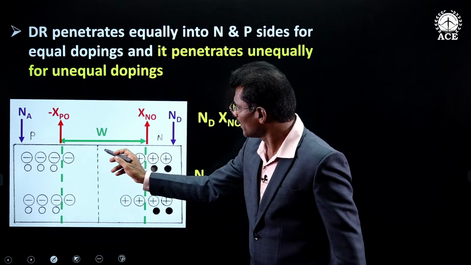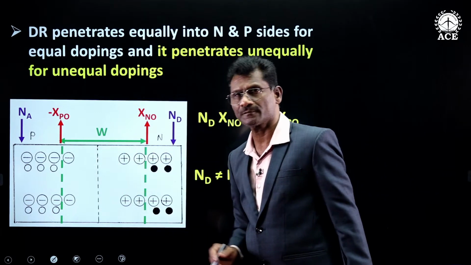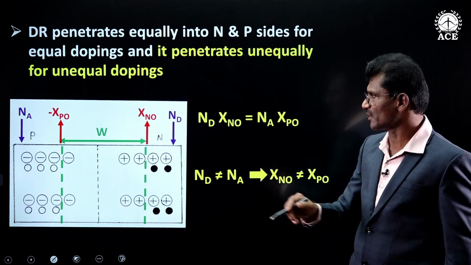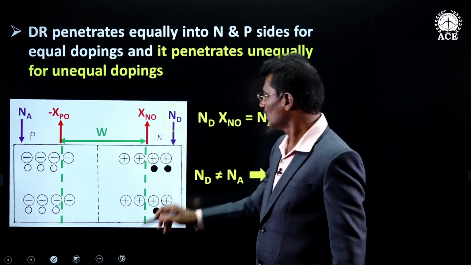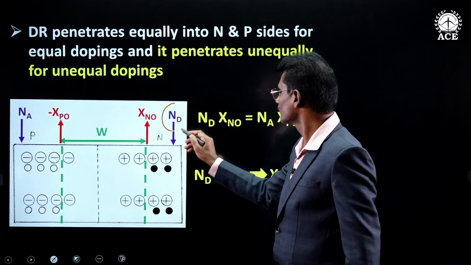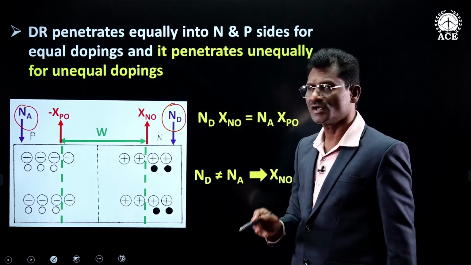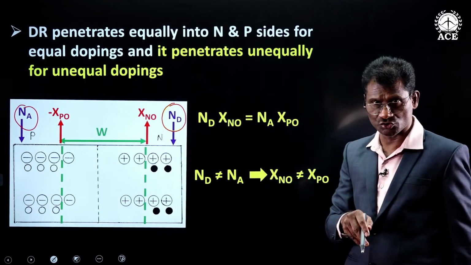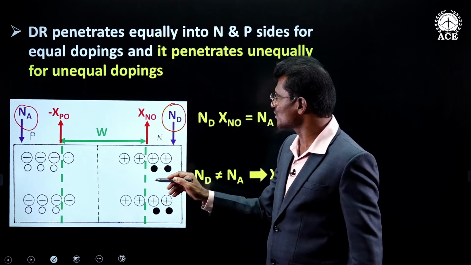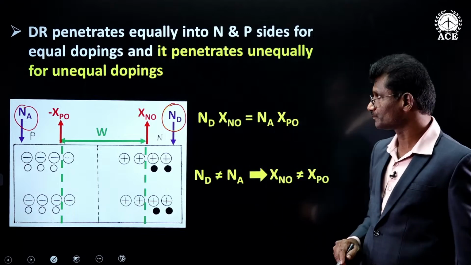Do you observe that Xn0 is more when compared to Xp0? Yes. This diagram has been drawn under the assumption that Nd and Na are not equal, and hence the penetration of the depletion region into the N side and P side will not be equal.